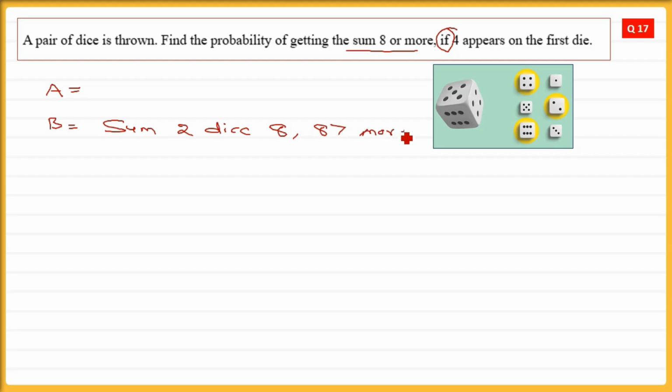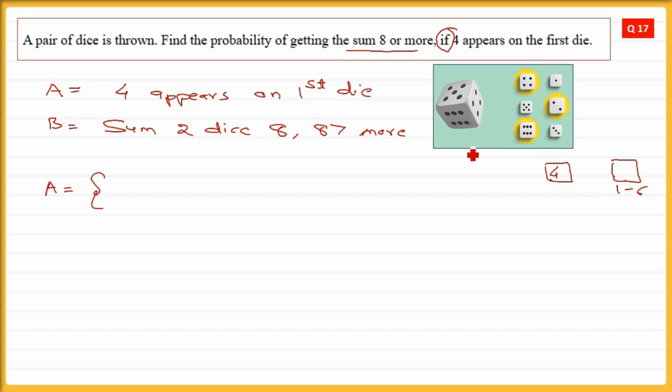So sum of 2 dice is 8 or more is B. A we will make as 4 appears on the first die. Now you have to fix that 4 appears on the first die. There is no other number which can appear on the first die when it is thrown. So this is 4. The next die, 1 to 6 can come.